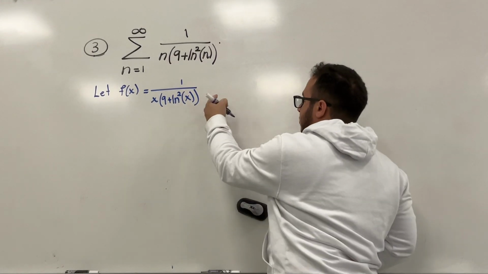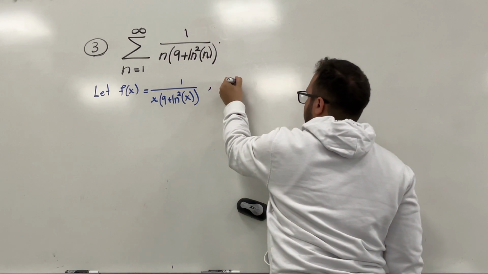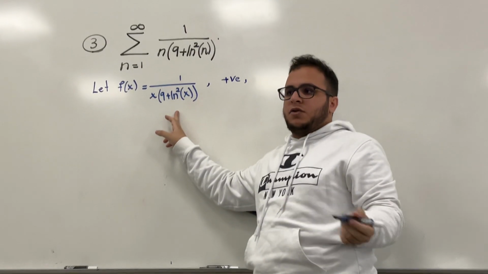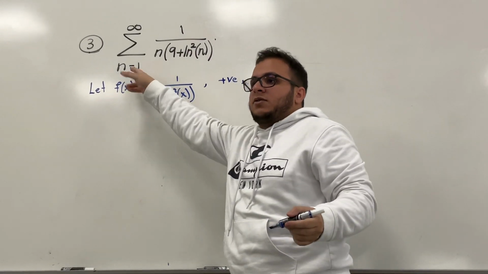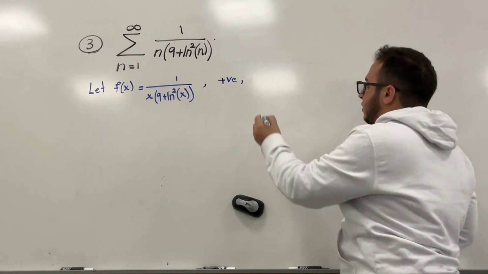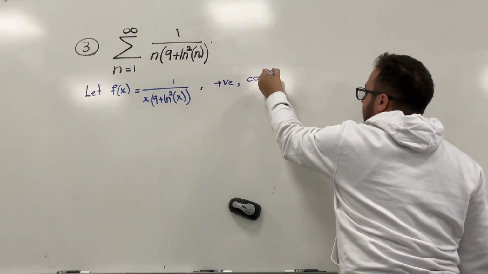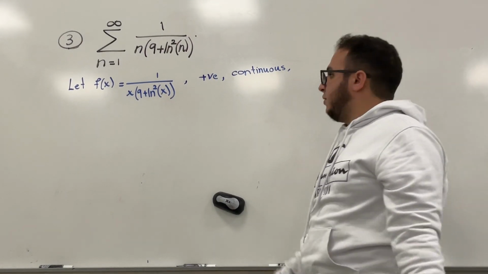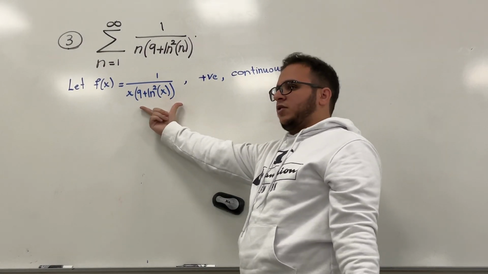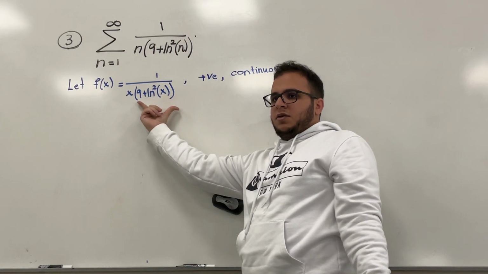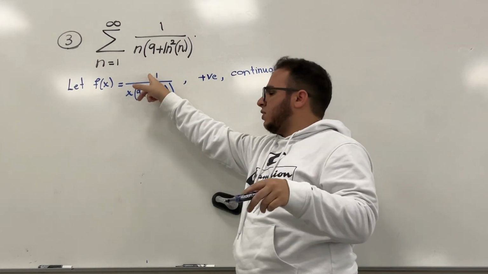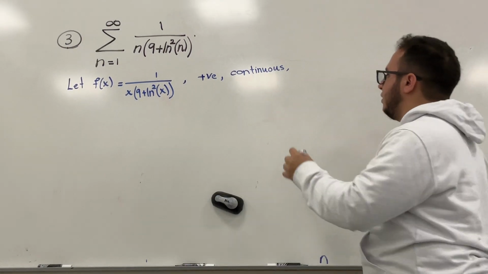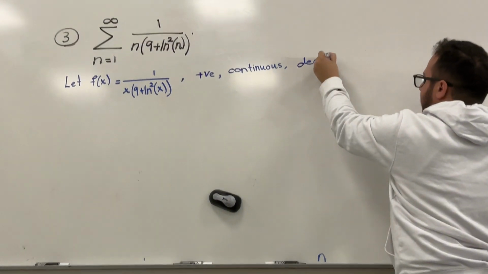So this is always positive. Is it continuous? Is there any number you plug that gives you 0 denominator? No. There is 0, but it's outside the interval, so I don't care. So that's continuous. Is it decreasing? Yes. Obviously. If this is not obvious, take the derivative. But this is obvious because once you increase x, ln x increases, and this stays 1. 1 over a growing number is decreasing overall, right? So this is decreasing from 1 to infinity.